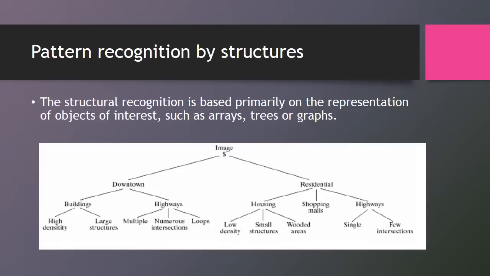Structural recognition is based primarily on the representation of objects of interest, such as strings, trees, or graphs. The major difference between the structural and decision-theoretic approaches is that the theoretical one uses quantitative descriptors, while the structural one uses mainly symbolic information.